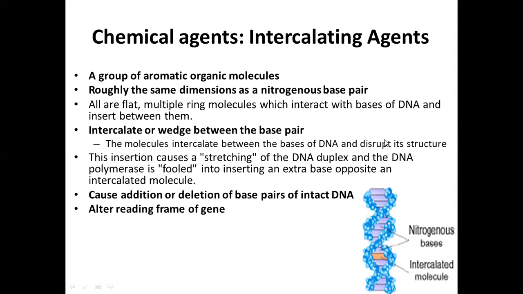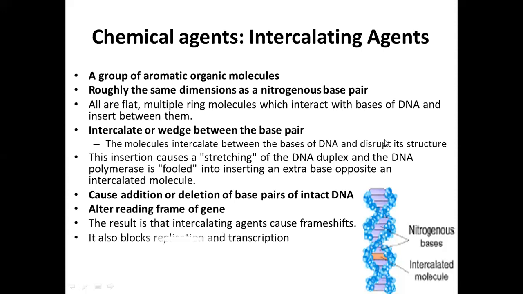Remember when we looked at gene mutations, we talked about certain mutations that alter the reading frame, and we call these frameshift mutations. So it means that these intercalating agents will cause frameshift mutations. They can also block the process of replication and also the process of transcription.